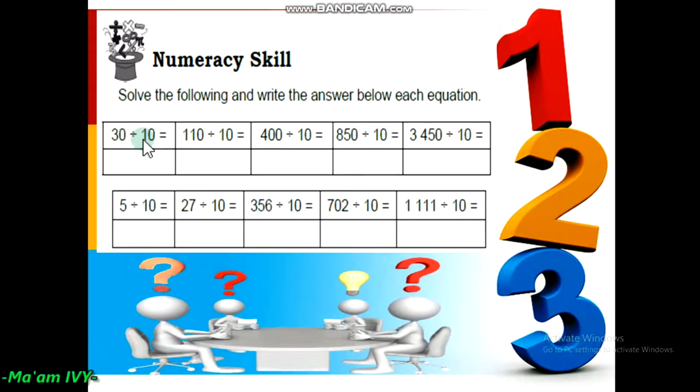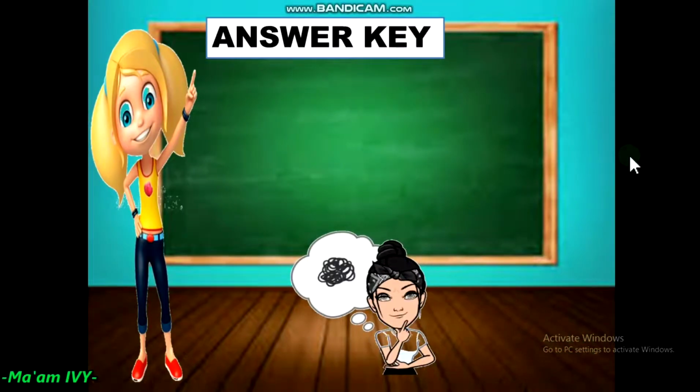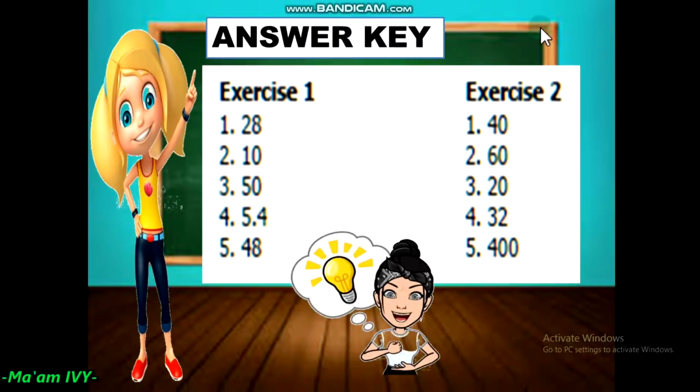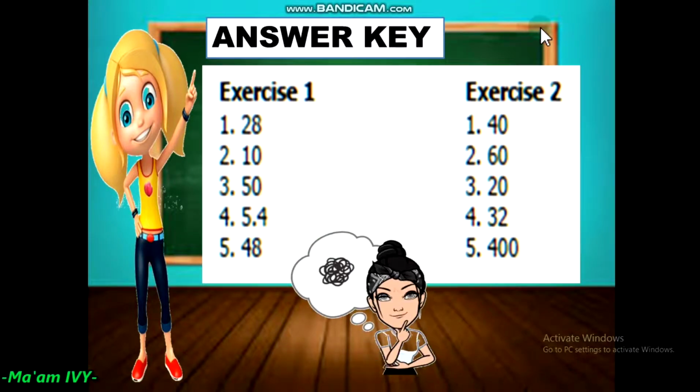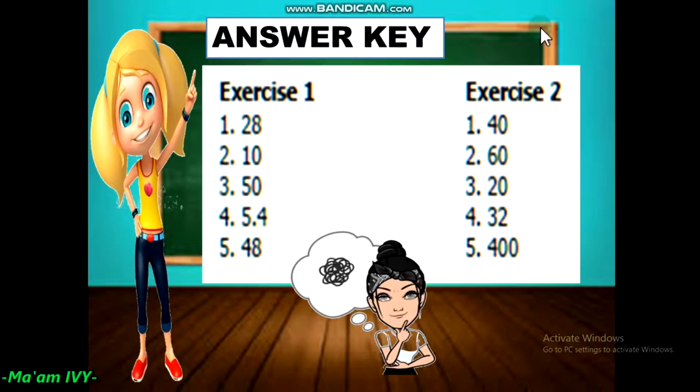Divide the numbers and write the answers in the boxes. After writing your answer, we have here the answer key. Just check whether you got the correct answers or not. You can also find your answer key in your math packs.